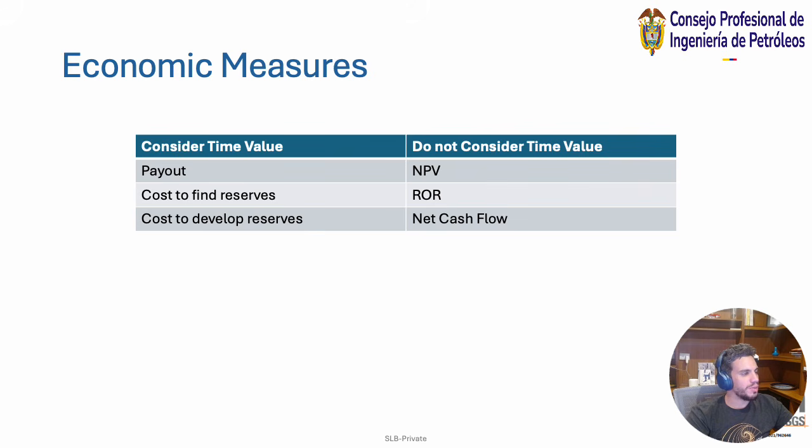So in terms of the economic measures, before we get into the details of which one is which, some consider time value, and some do not. But all of them are important to calculate, because they tell you different characteristics of your project and they answer different questions.